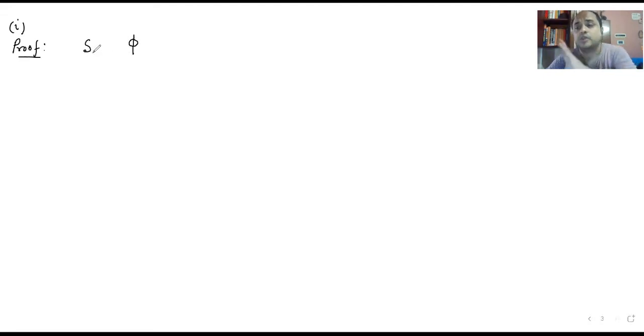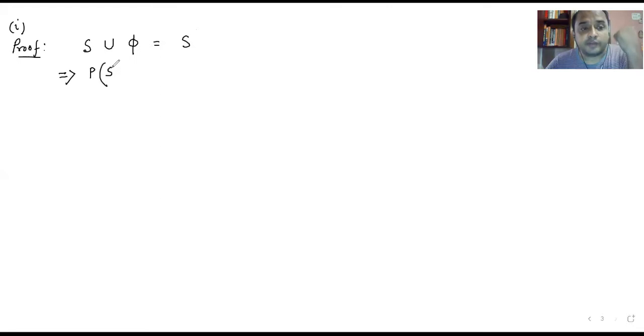Capital S is the total event which can happen. Phi is the impossible event which can never happen. And you know that if I take the union of these two, that either all the events or any of the events can happen or none of the events can happen, this is simply equal to capital S, because S union phi is equal to capital S.